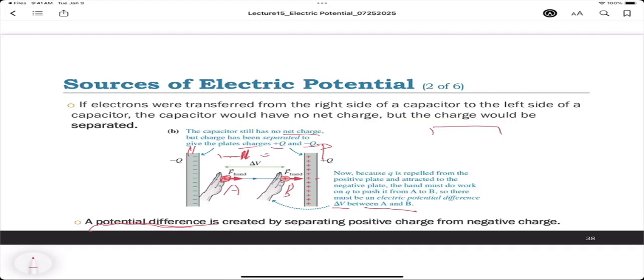Let's recall the battery. In a battery, there is a negative pole and a positive pole because it is separated, and then it has a potential difference, sometimes 5 volt, sometimes 1.5 volt. That makes sense to you?